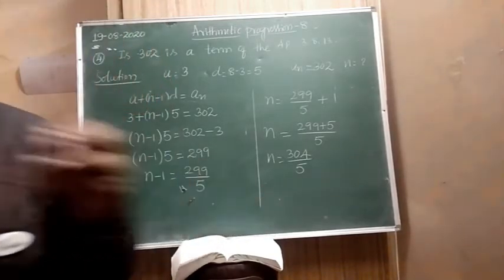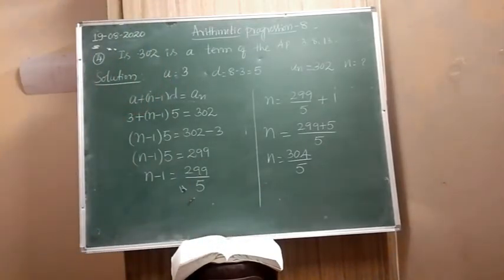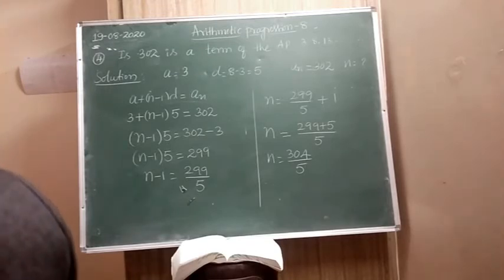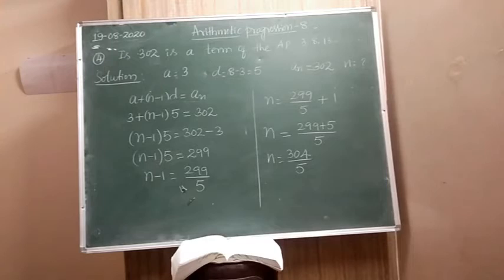Therefore n is what? Fraction form. N cannot be a fraction form. Therefore the given term 302 is not a term of the given AP 3, 8, 13, etc. Right.